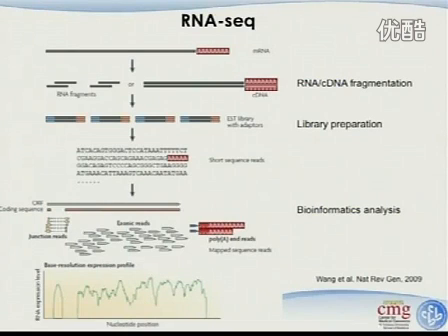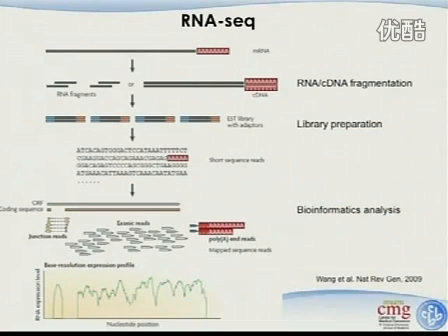You first do the fragmentation, either breaking the RNA directly or breaking the cDNA, then you put linkers on those molecules and go ahead to sequence it. You can see that some of the reads have this poly A attached because it happens to be towards the end of the gene.